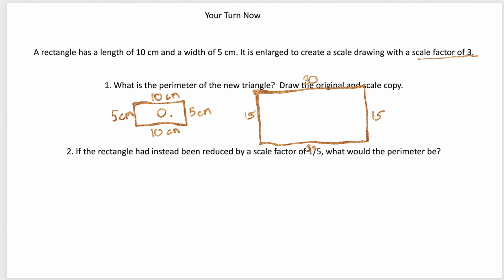Now notice that the perimeter of the original is 10 plus 10 is 20, right? Plus 5 is another 10. So that's going to be 30 centimeters. And what we know is that if we know the scale factor, to get the new perimeter, we multiply the old perimeter by the scale factor, right?